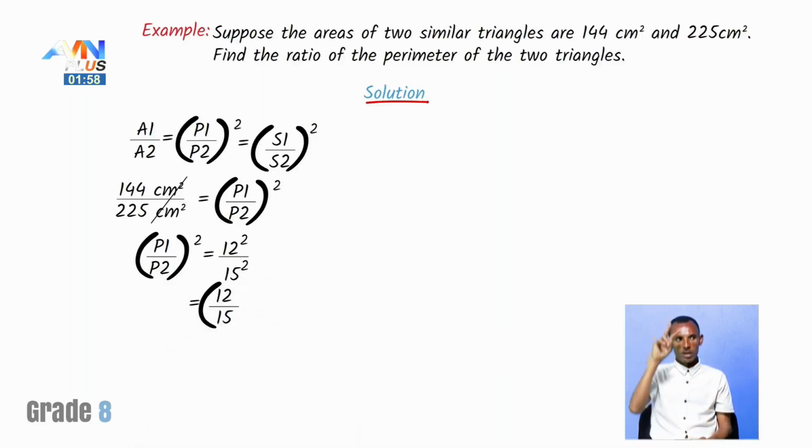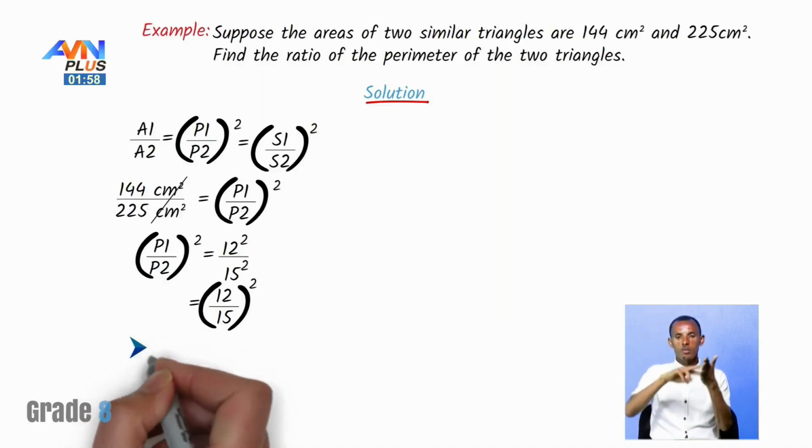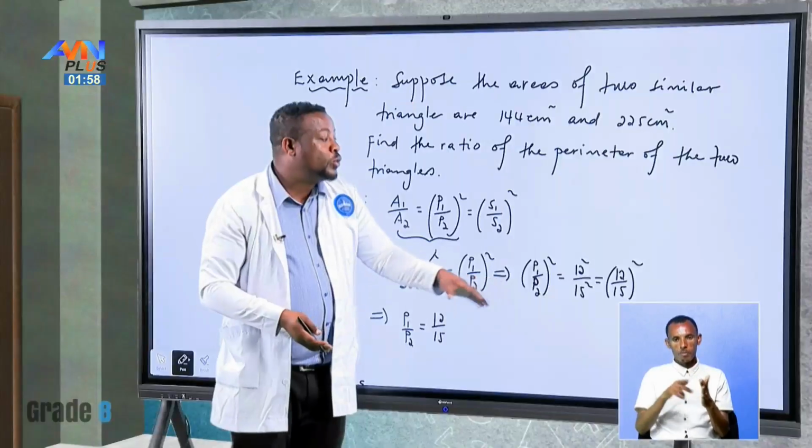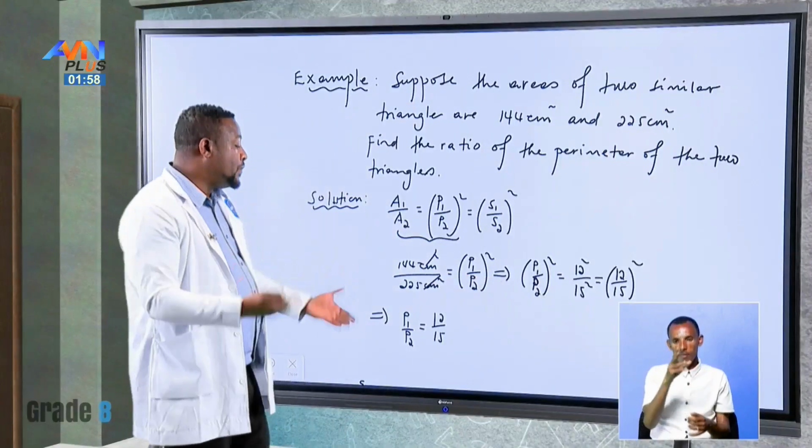Taking the square root on both sides, P1 by P2 is 12 over 15.